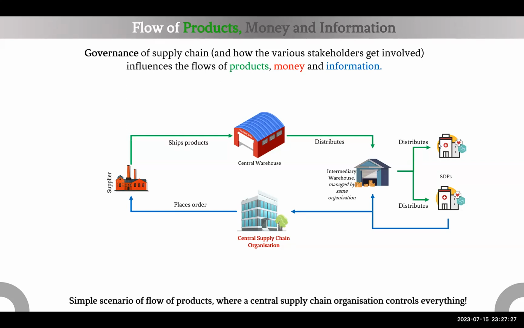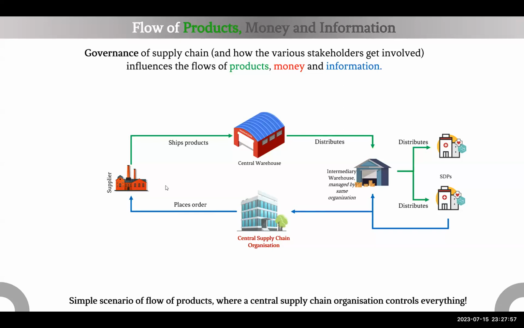When we say service delivery points, these are hospitals, health centers, primary health centers, or any other public health clinics which serve populations. If you see the arrows, the green arrow means flow of products, the blue arrow means flow of information. So it's flowing through the same central organization.